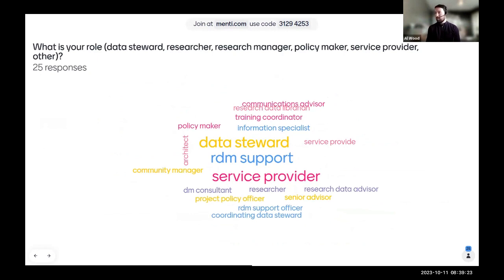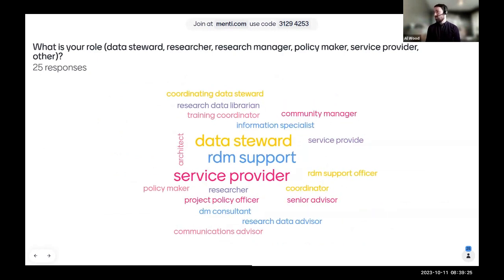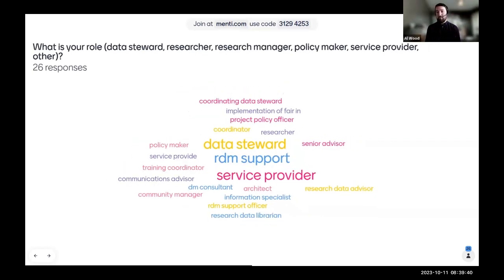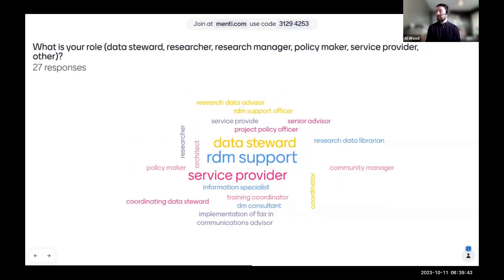As with the word cloud, the larger they are, the more responses we have in that particular area. So it's great to see we have a number of different roles and countries represented today. So I really hope that we're able to benefit from our colleagues from Denmark who will be leading the session. We'll be moving on to them shortly.